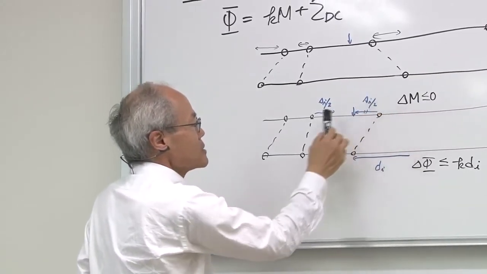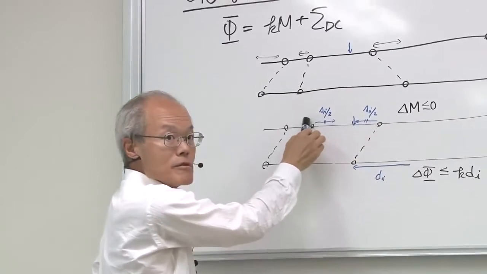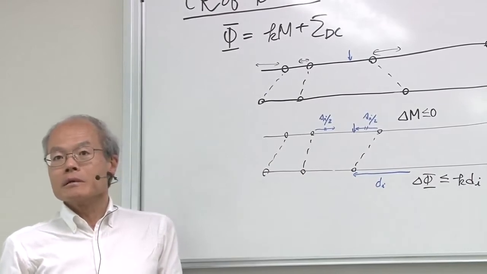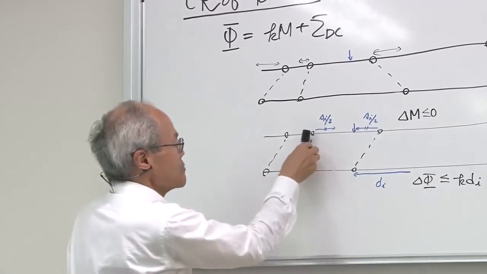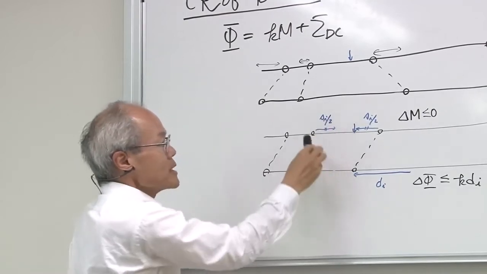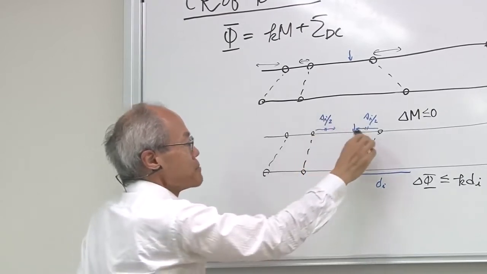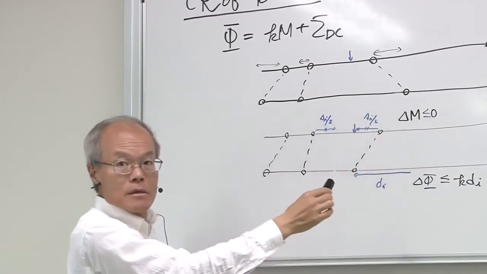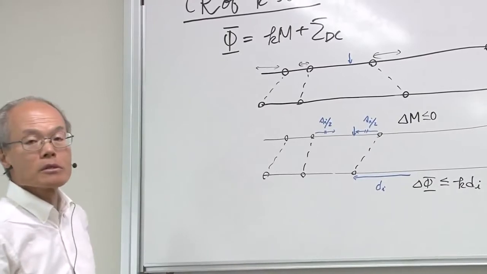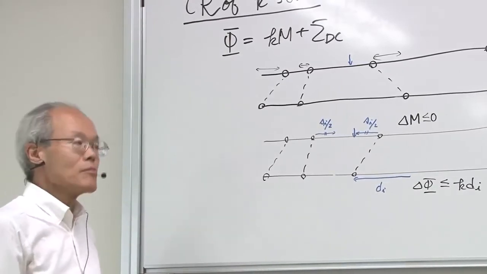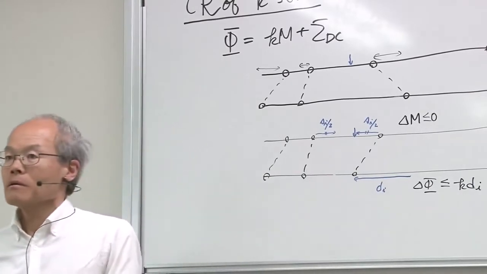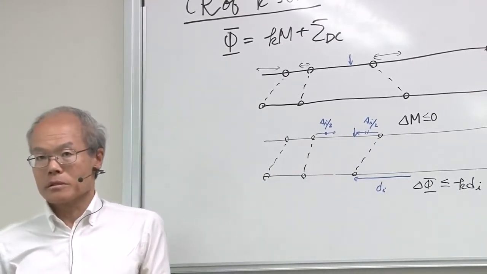And don't forget that this server also moves the same distance, so the matching may increase. But because of this minus value, the total increase is at most 0. Of course, for other matchings, there is no change.